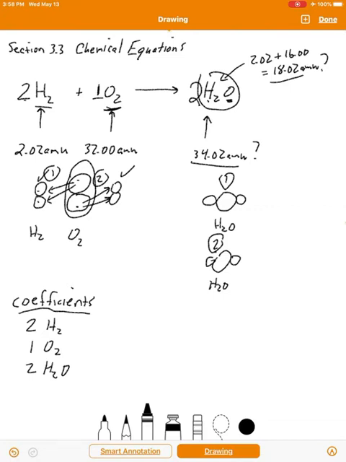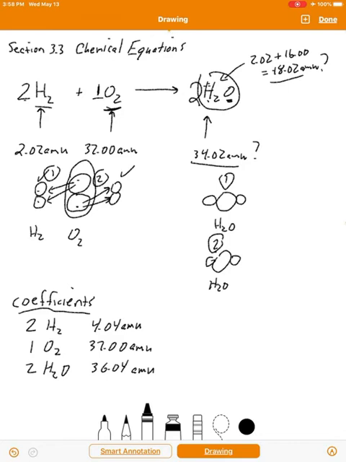So that would weigh 4.04 AMU. 1 oxygen molecule would weigh 32.00 AMU. 2 water molecules would weigh 2 times 18.02, which would be 36.04.